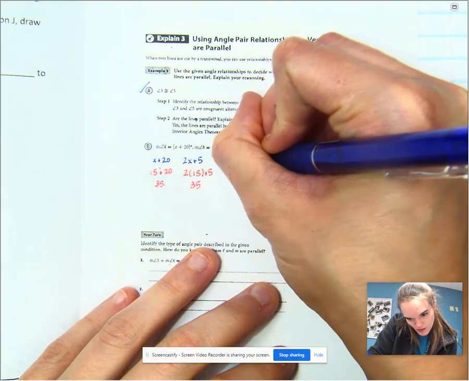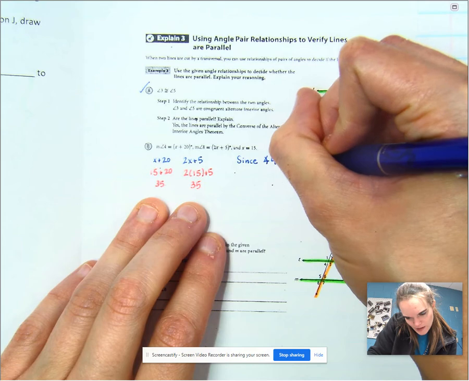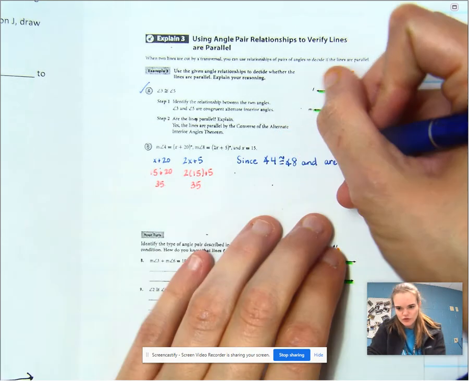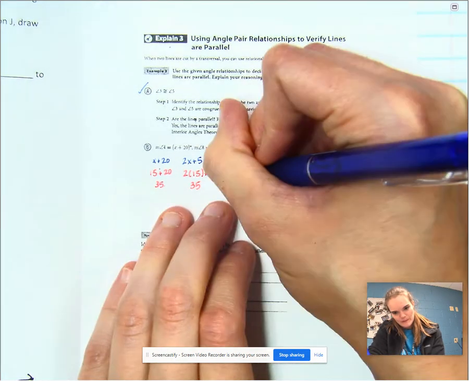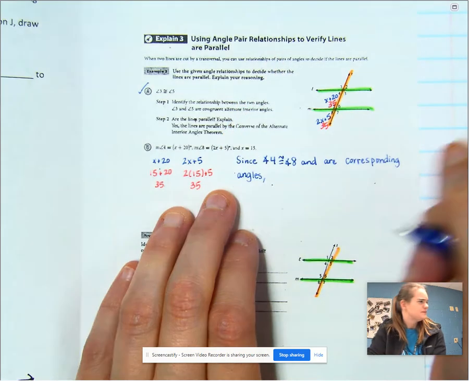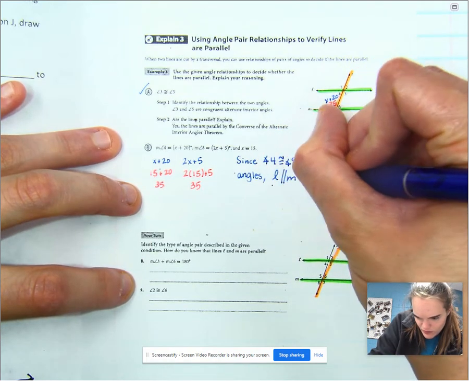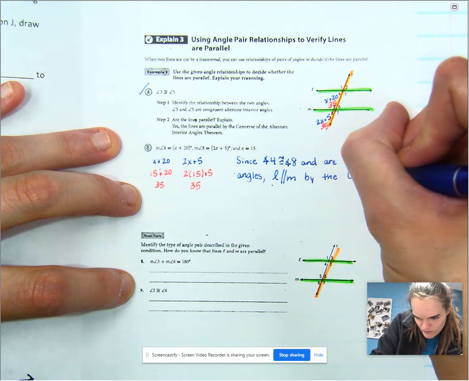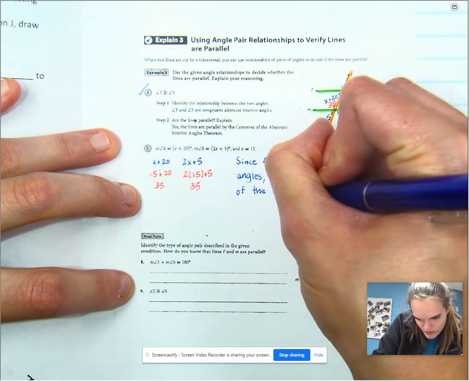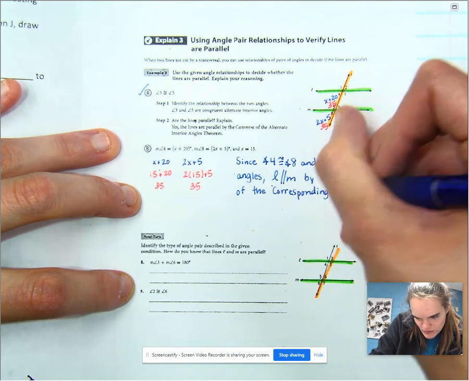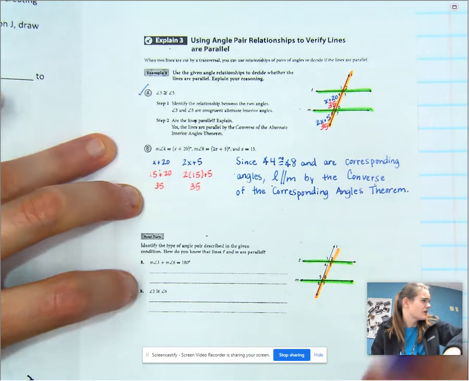So since 4 and 8 are congruent, and are corresponding angles, L is parallel to M by the converse of the corresponding angles theorem. Okay, there we go.